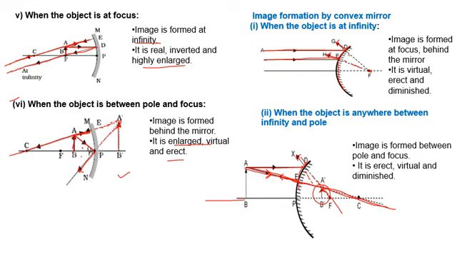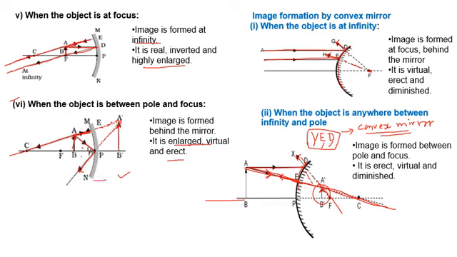So the short form of this image is VED, V-E-D. V stands for virtual, E for erect and D for diminished. This type of image is always formed in a convex mirror. In case of convex mirror, you will find this virtual, erect and diminished image, whereas in case of concave mirror, you won't find virtual, erect and diminished.